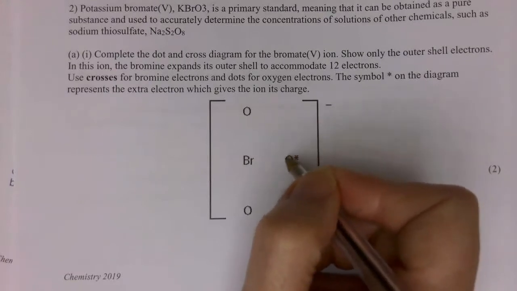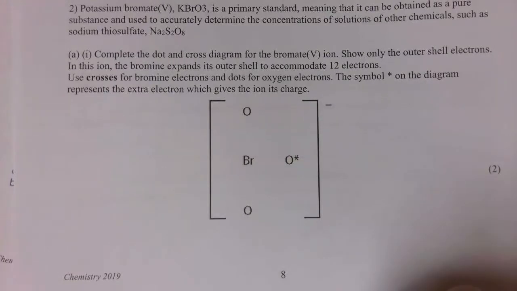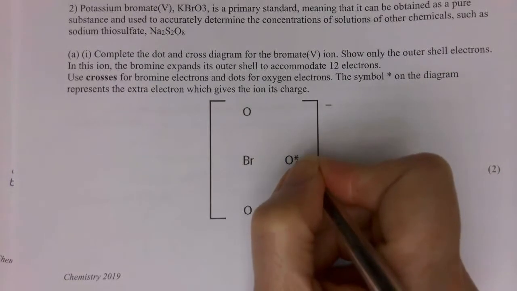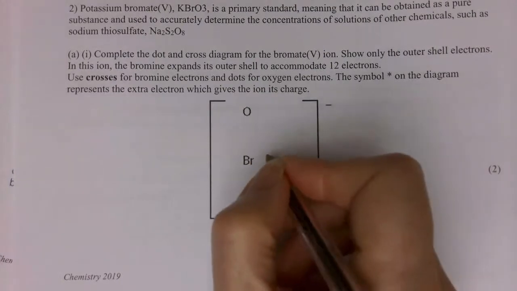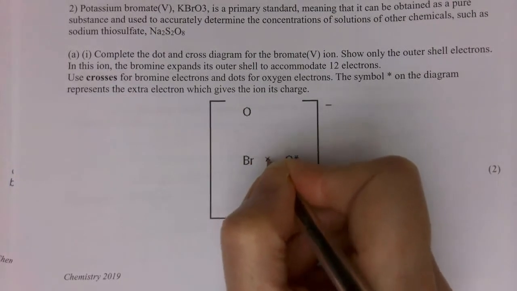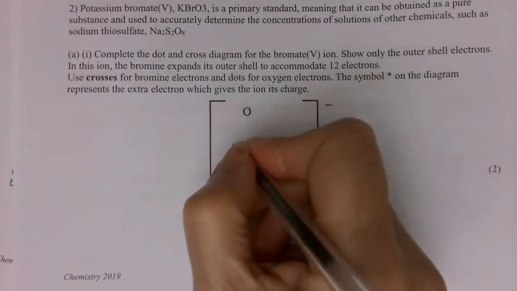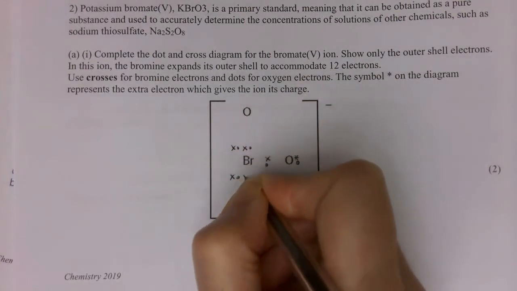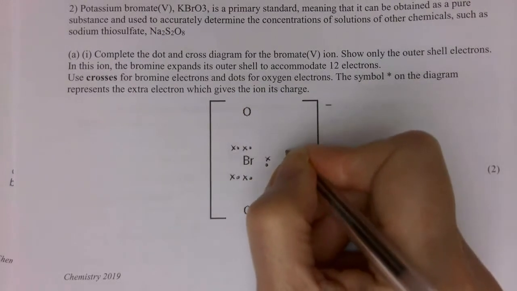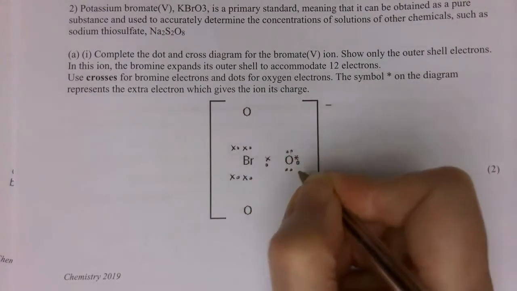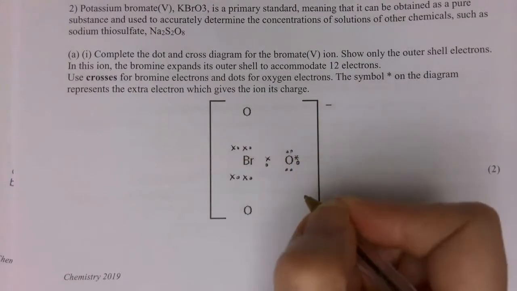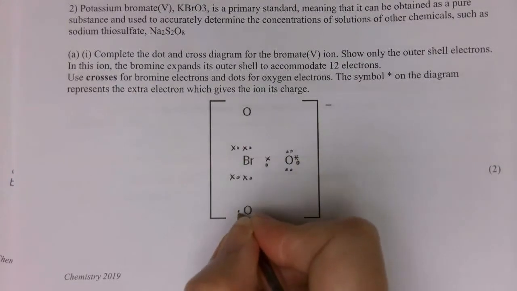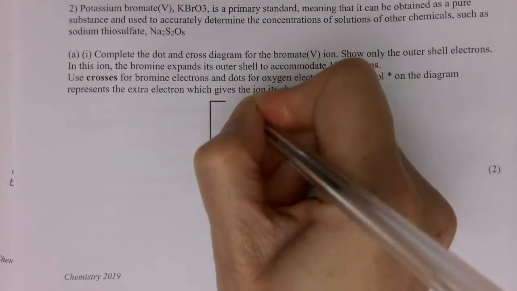So another example of an exam question was the BrO3- ion. In this case, one of these oxygens has already gained an electron from somewhere else, so it will form a single bond with the bromine. The others will form their normal double bonds. This one now has 2 lone pairs of electrons on it, as well as this extra electron, as do the others.